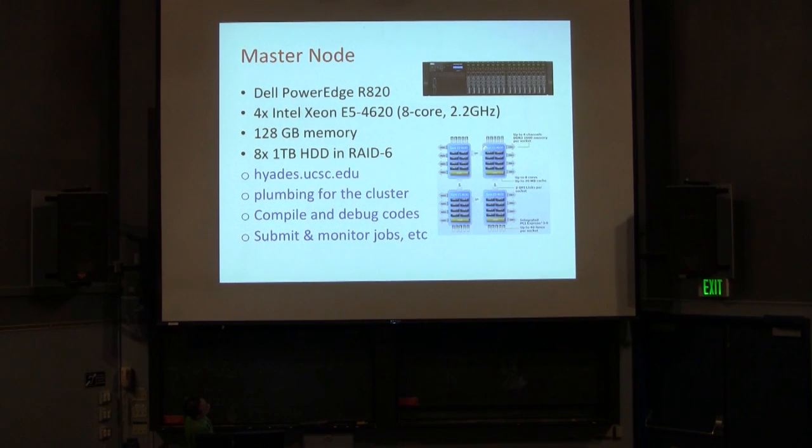The cost to access the local memory is much smaller than the remote memory. I'll mention a little bit more about this. So yeah, this is the takeaway message. Okay, so this is our master node. Whenever you log into our cluster, you actually log into this node.